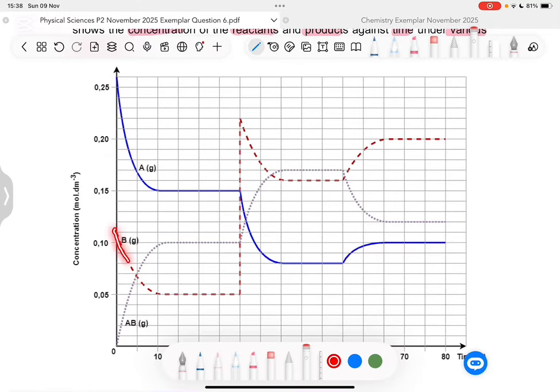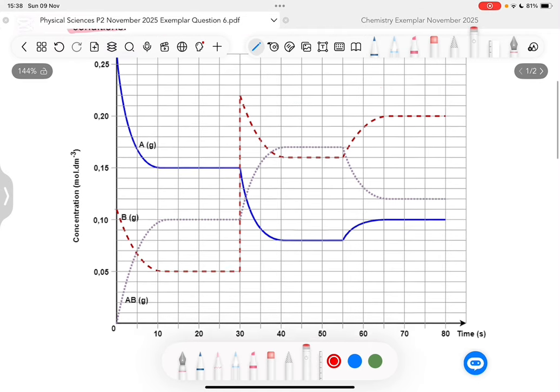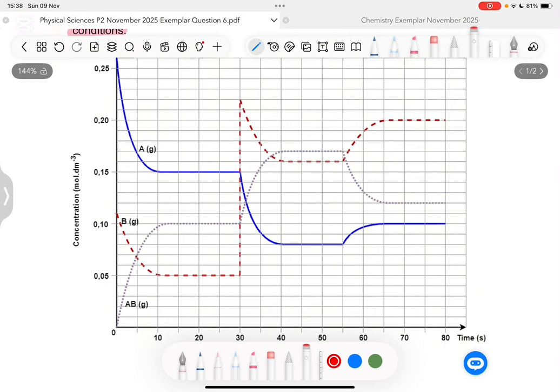And the same is true when you look at B. B has decreased, and we have some concentration here at the time there that has increased. I think that time there's about 5 seconds. And during the very same time of 5 seconds, we can see that AB, the product, has increased. We have some concentration. It moved from 0 to some concentration.